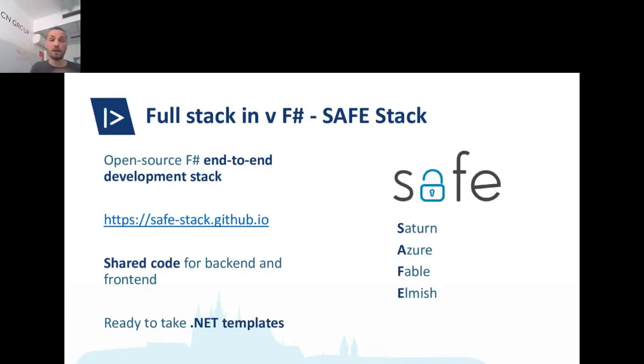These are ready-to-take .NET templates where you can share your code between backend and frontend, and it's really cool for development. We use this kind of full stack a lot.